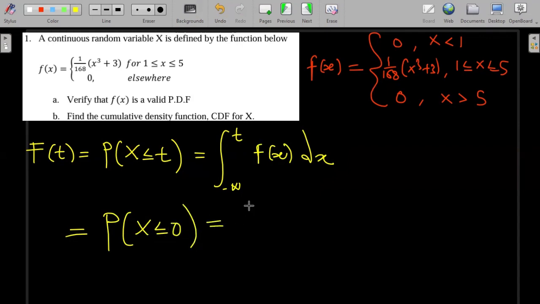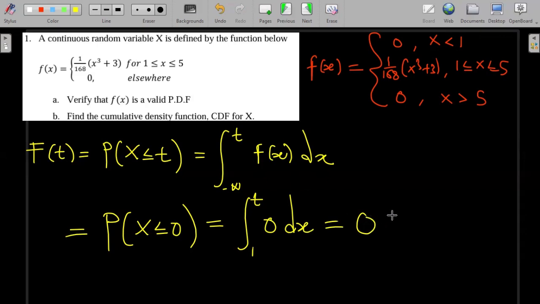The limits are from the lowest possible value to t, and our f of x within this interval is just 0, dx. So when your integrand is 0, it doesn't matter what you do to that, it will still be 0. So the first CDF, when x is less than 1, is just 0.